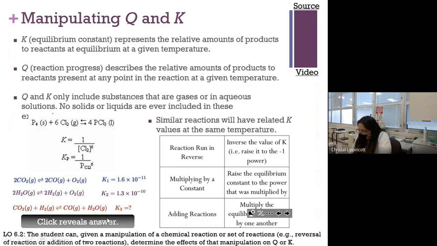Oh, you guys have a question here. Oh, so you have to figure out K3. Do you have that question on your sheet?